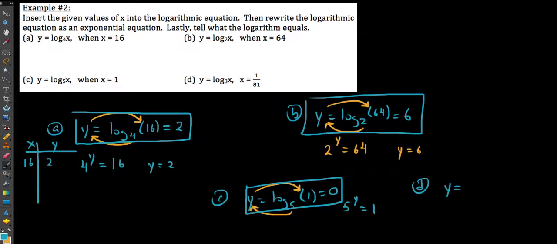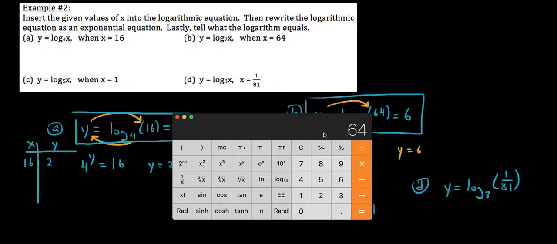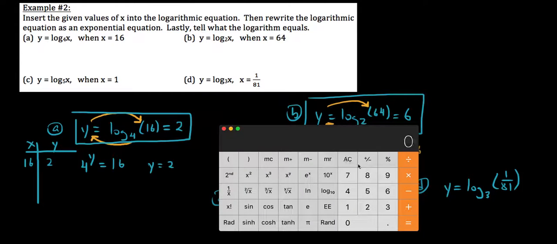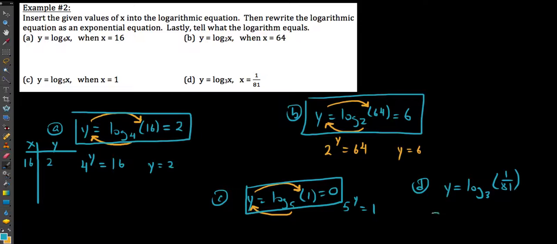And then our last one, y equals log base 3 of 1 over 81. What could I raise 3 to the power of to get 1 over 81? One thing I will bring up is that 3 to the power of 4 is equal to 81. So as I rewrite this and ask, 3 to the what equals 1 over 81, you have to keep in mind that 1 over 81 is the same thing as 1 over 3 to the 4th.